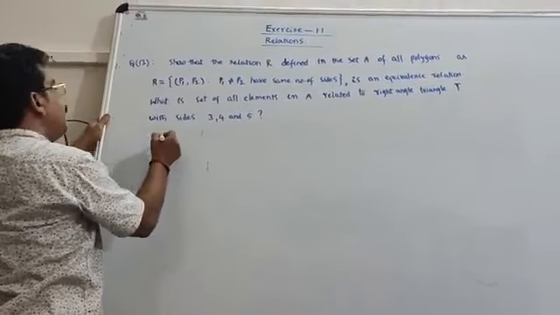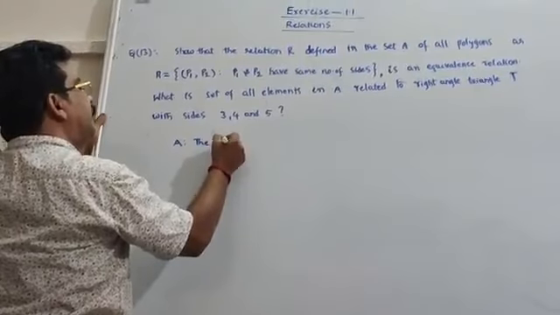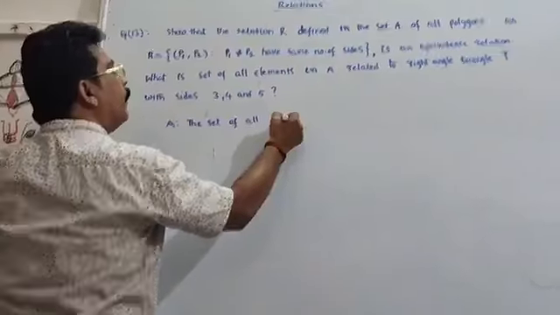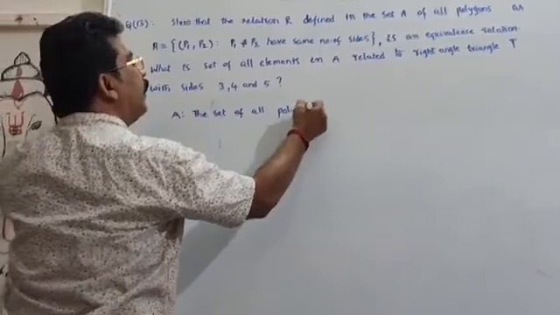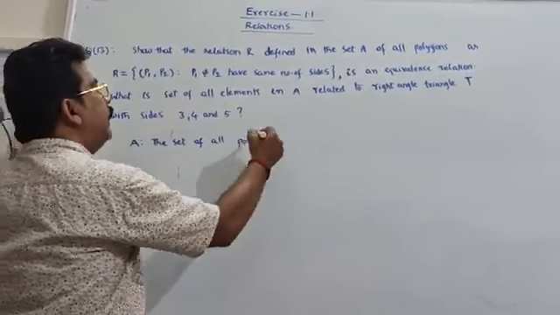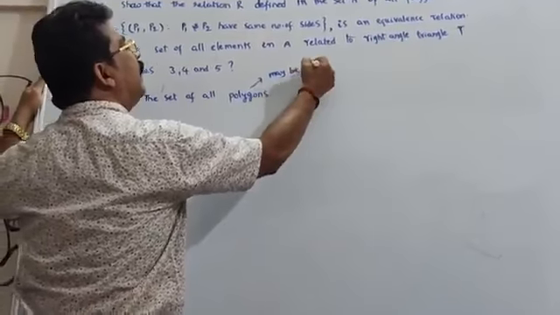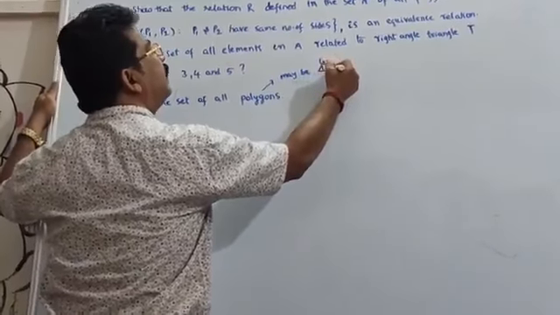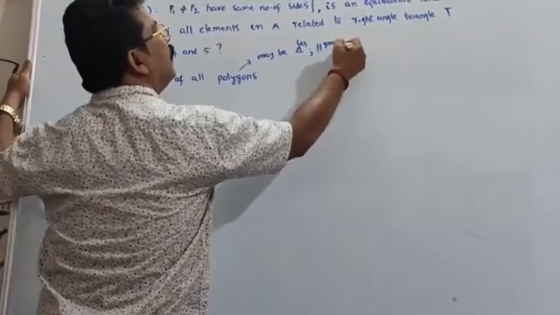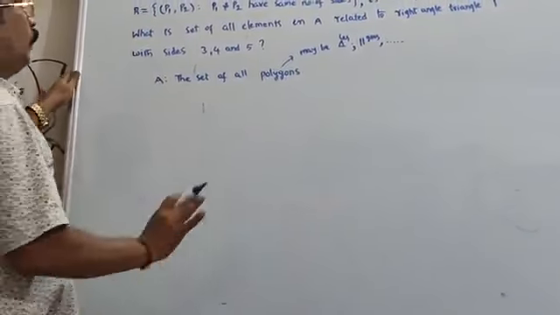Here capital A is the set of all polygons. Polygons means it may be triangles or parallelograms, pentagons and so on.